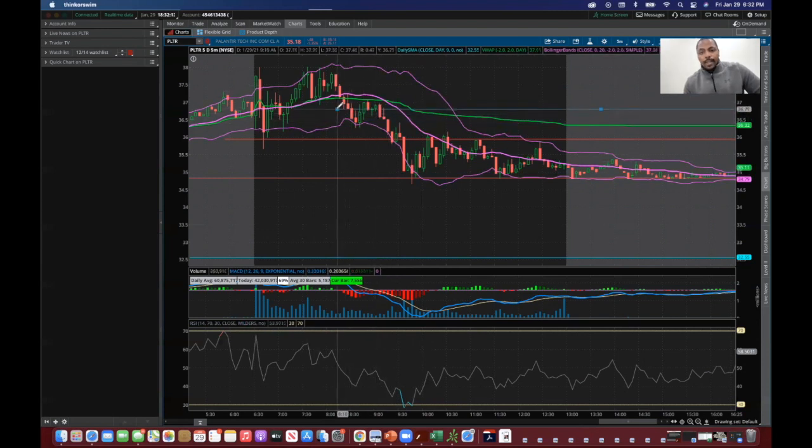So the Bollinger Bands are telling me that the stock is on a downtrend because the Bollinger Band is showing me that volatility is increasing, but it's not increasing in an upward trend. The volatility is increasing in a downward trend, right? That's what these Bollinger Bands are telling me. Right here, the Bollinger Bands are telling me that the volatility is increasing, but it's increasing in an upward trend.